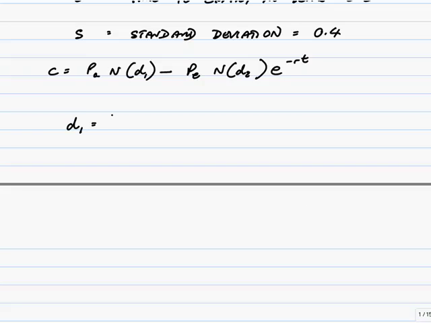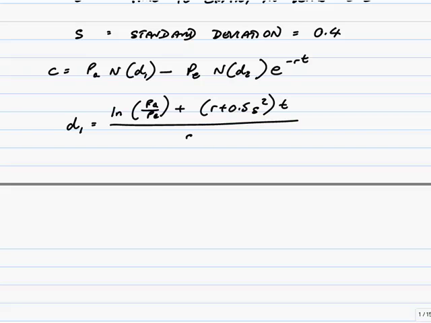So let's do that. D1, first of all. The equation for D1 is ln brackets PA divided by PE, plus brackets r plus 0.5 s squared, times t, divided by s root t.